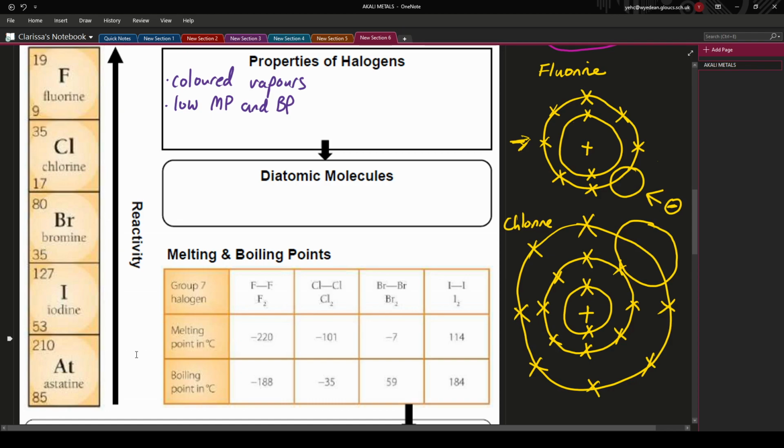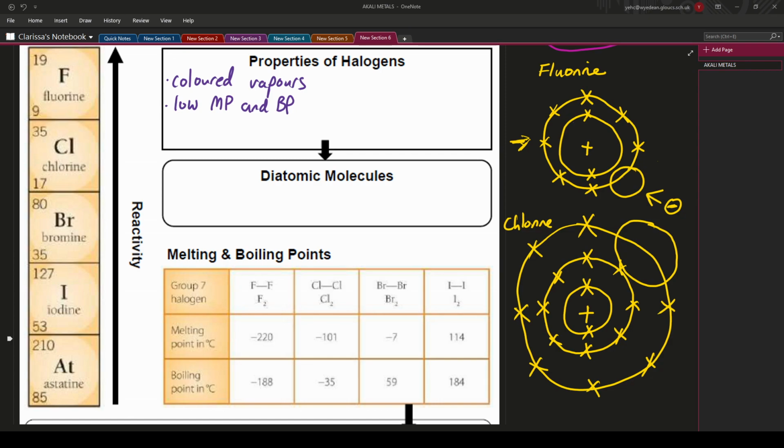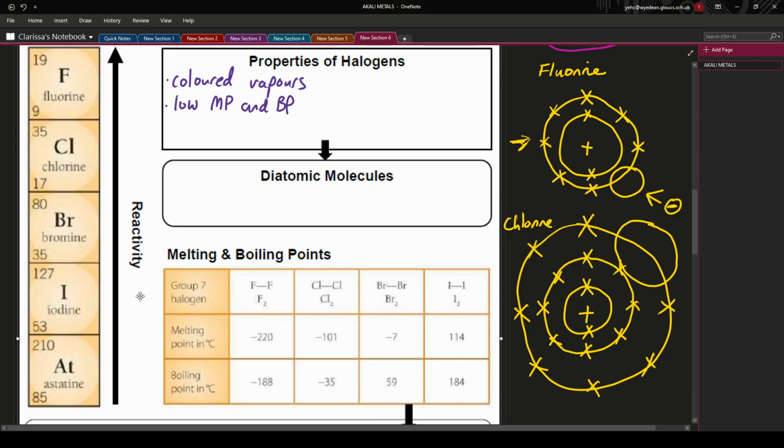Which one is solid at room temperature from our melting and boiling points? Spot on, Ruben. It is iodine.